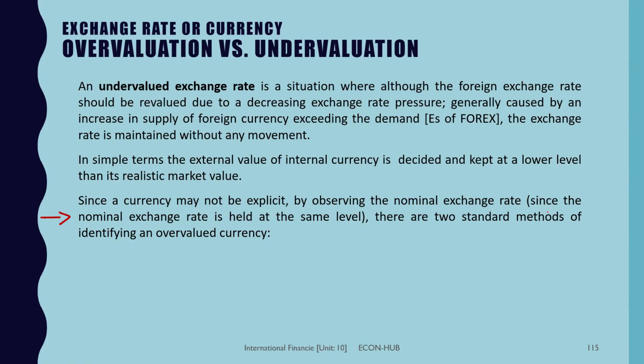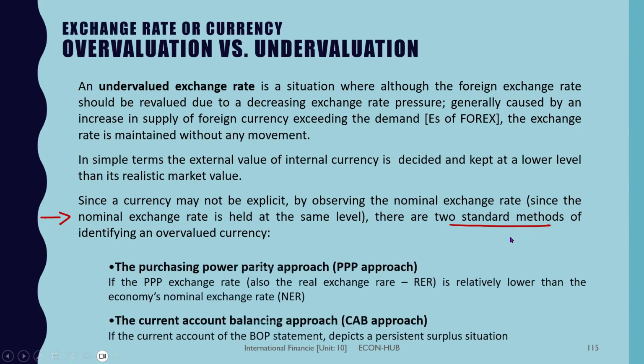So we have the same two methods we used earlier to know whether our currency is undervalued. First method: the purchasing power parity, or the real exchange rate, is lesser than the nominal exchange rate.